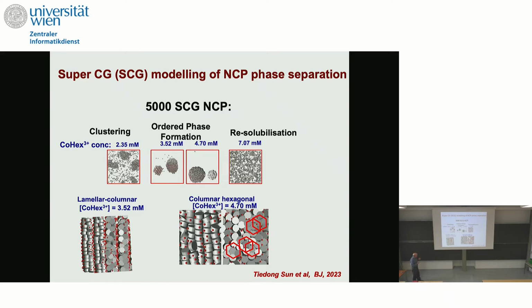But we are very interested in this columnar hexagonal phase, which is well established experimentally. So at this concentration range or around it, the nucleosomes aggregate to an ordered hexagonal columnar phase. The nucleosomes stack on top of each other in a hexagonal lattice.